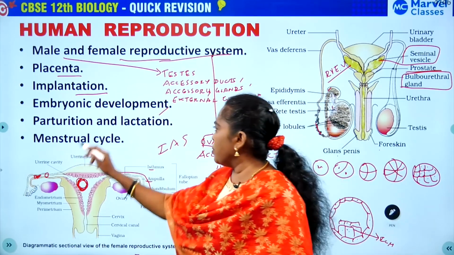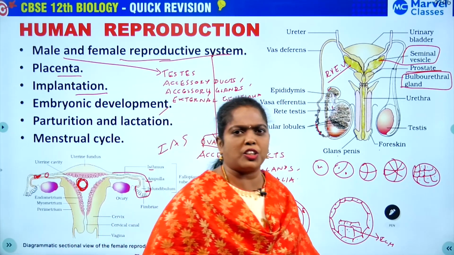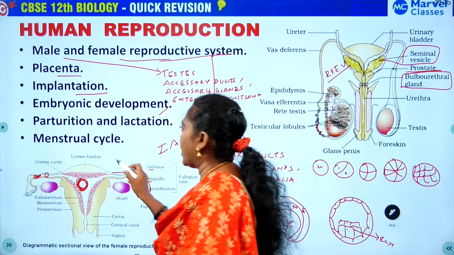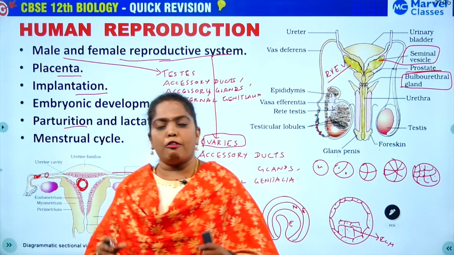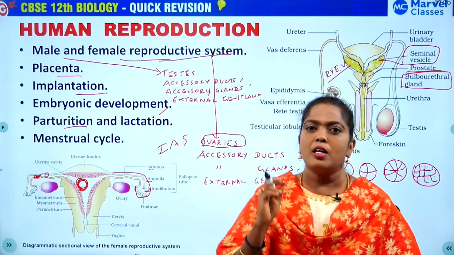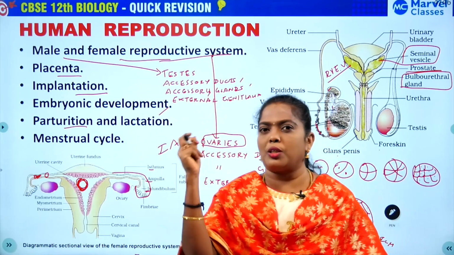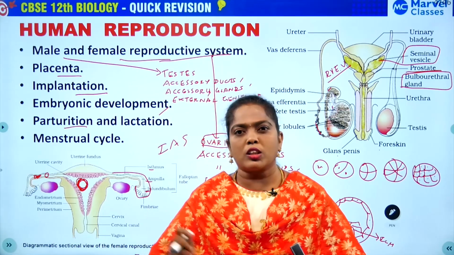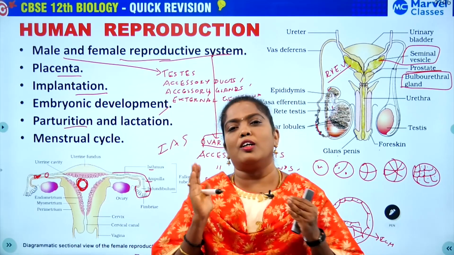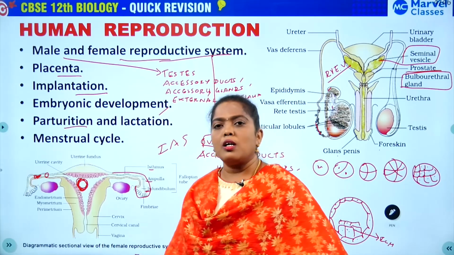Another important question is parturition and lactation. What do you mean by parturition? Childbirth, isn't it? For childbirth, the first step is the fully developed fetus and the placenta send a signal to the mother's pituitary. Thereby, in the second step, the mother's pituitary sends a hormone called oxytocin. That oxytocin contracts the uterus, and that results in parturition.